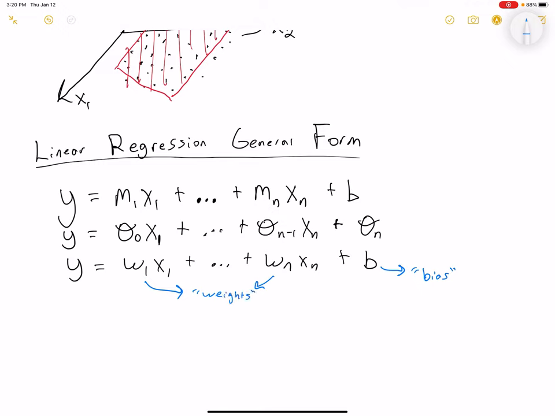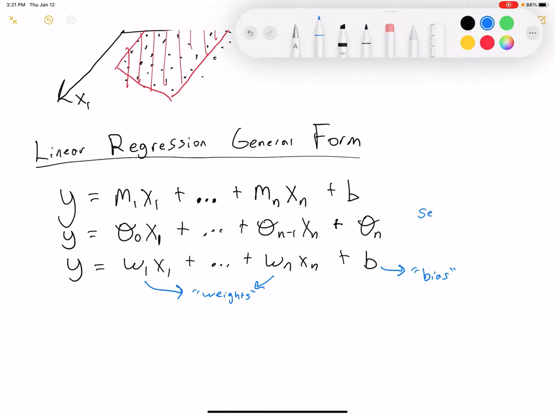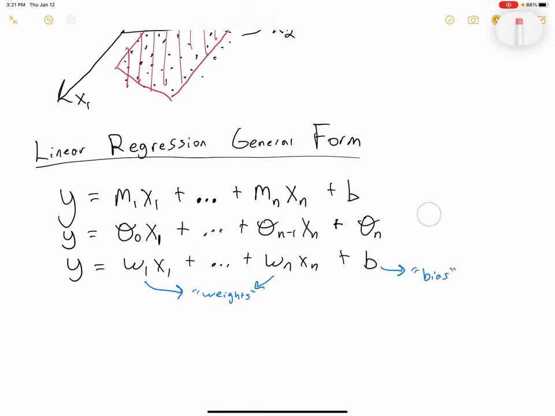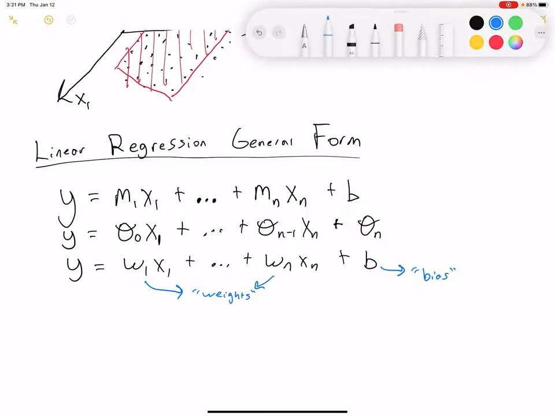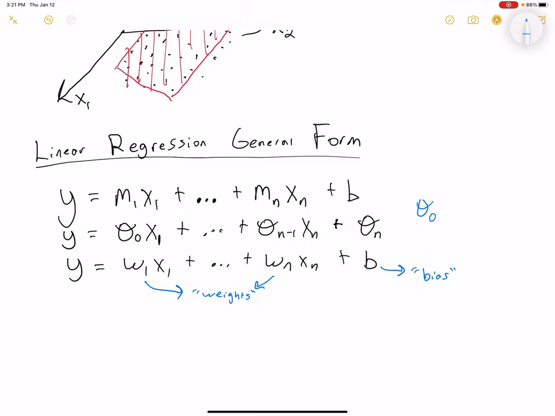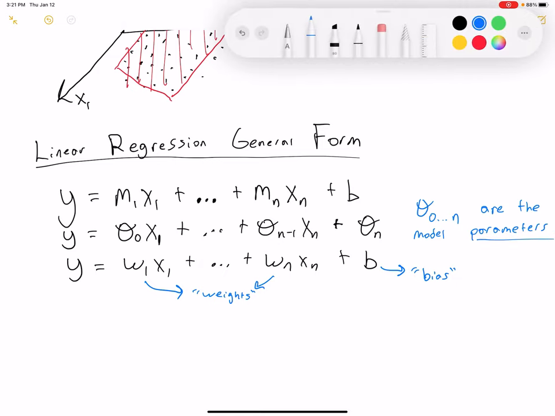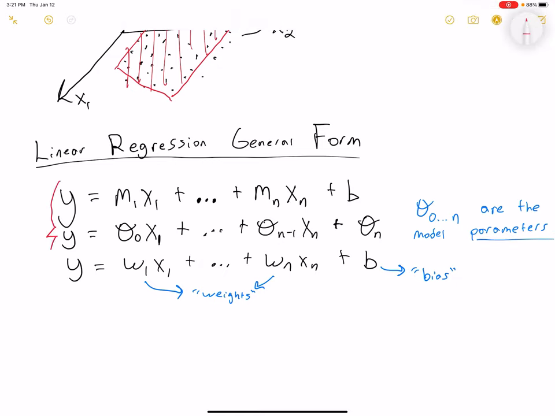The parameters, so let's write this as parameters 0 through n are the model parameters. And we'll just emphasize that these three equations are the same thing, just different ways that textbooks write them.